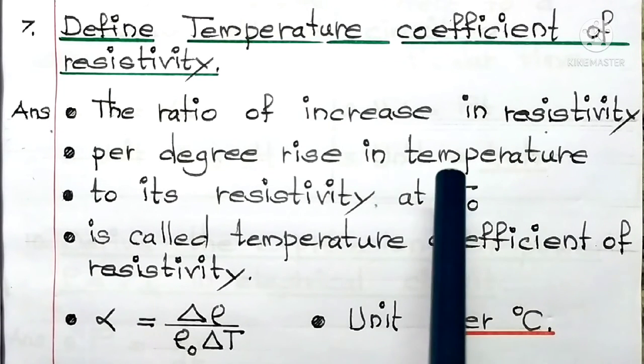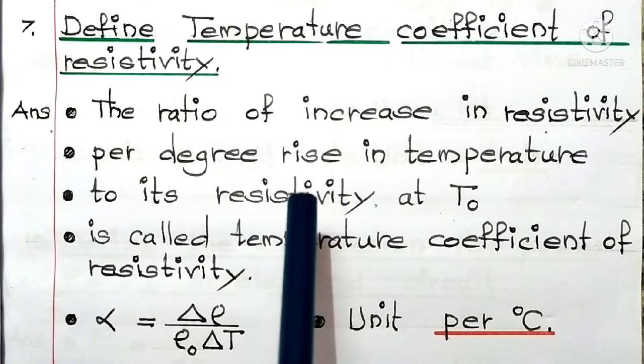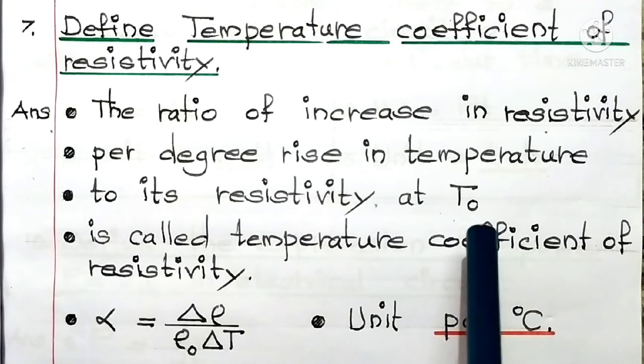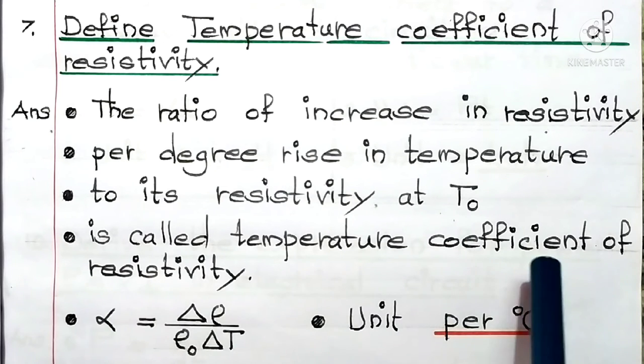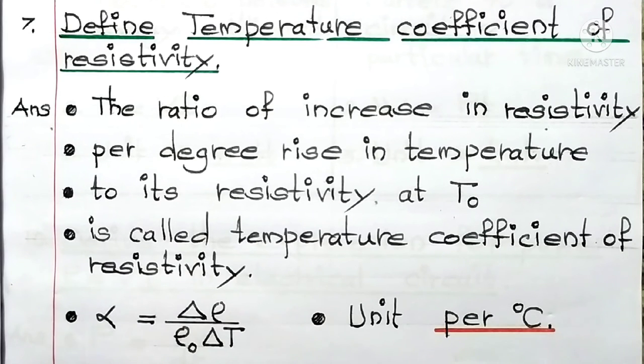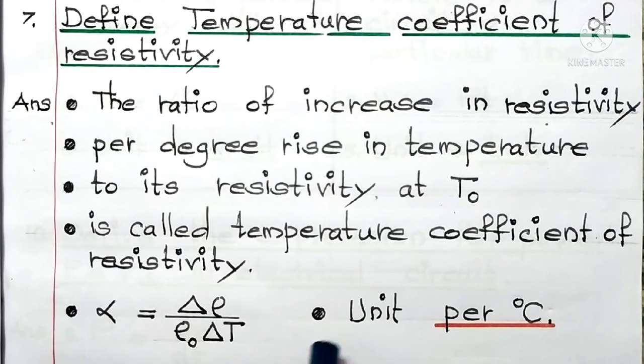That rise in resistivity, to its resistivity at temperature T naught, is called temperature coefficient of resistivity. The expression is alpha is equal to delta rho divided by rho naught into delta T. The unit for this temperature coefficient of resistivity is per degree Celsius.